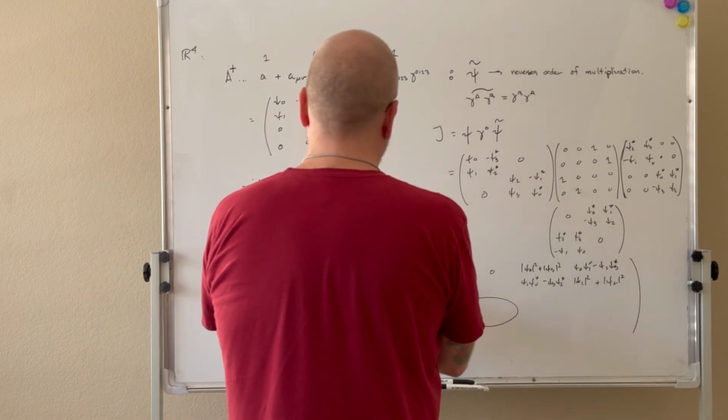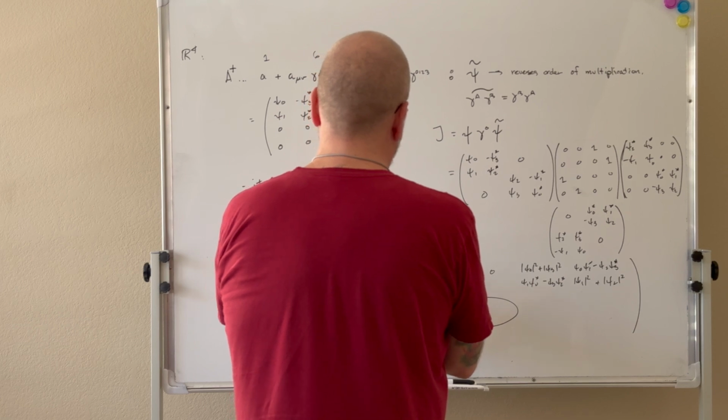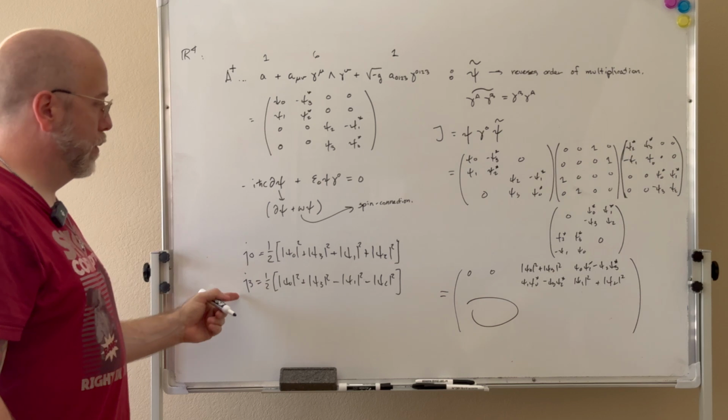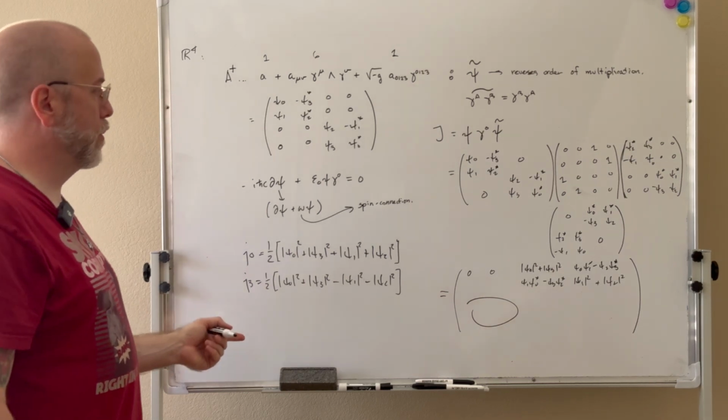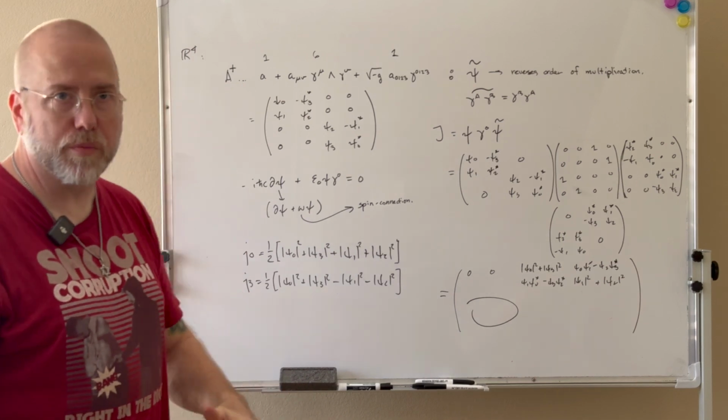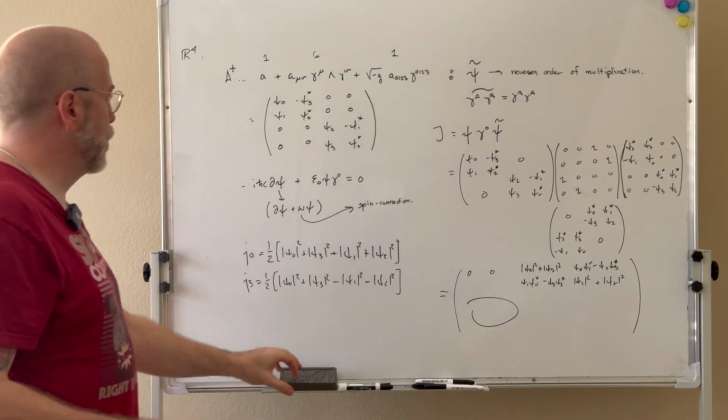Minus psi 1 squared minus psi 2 squared. Look familiar? Yeah, it's the probability current. And similarly, you have plus and minuses going on here, and trust me, you get the right answer. It works beautifully, okay?